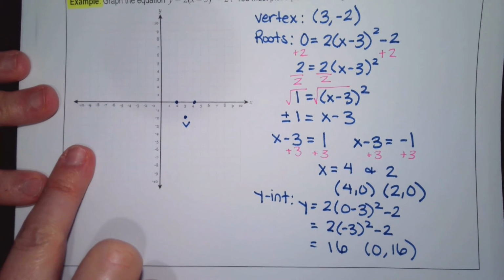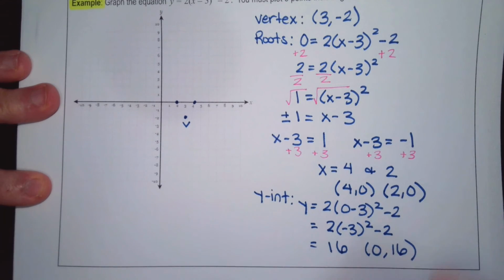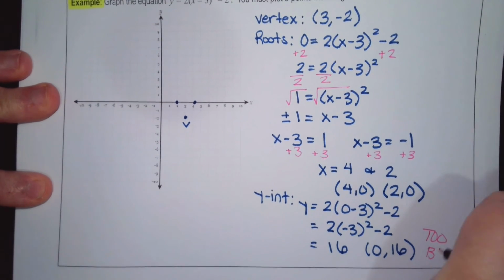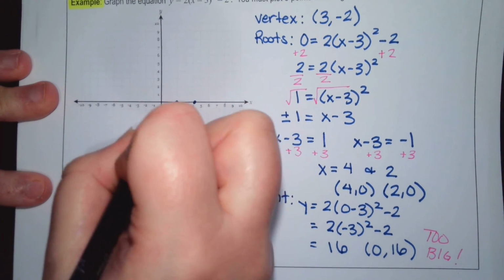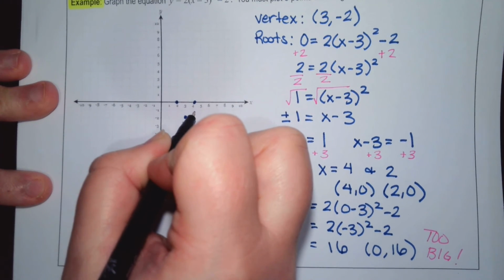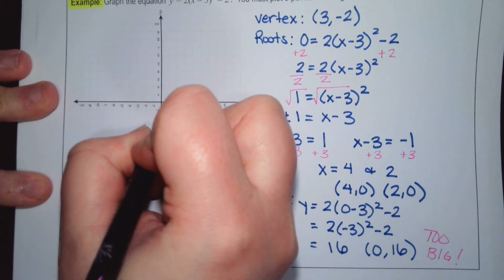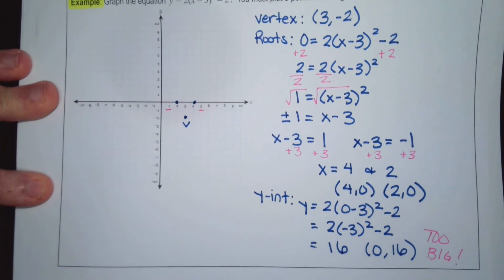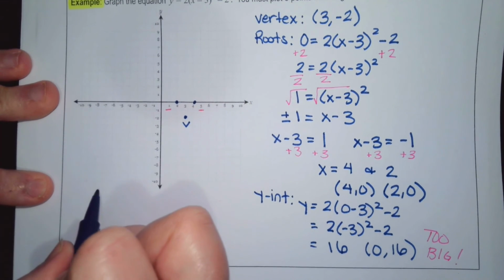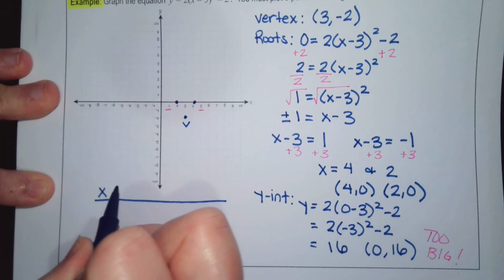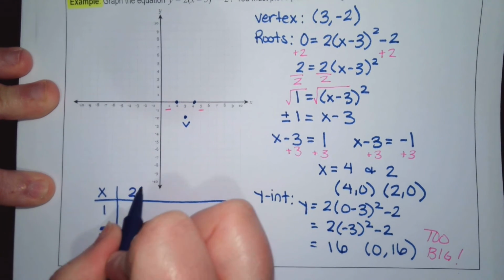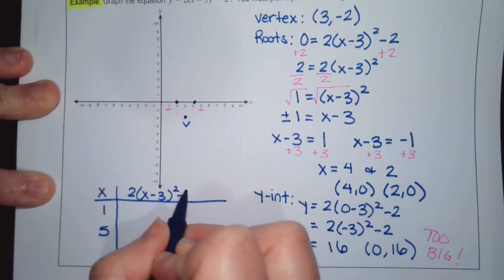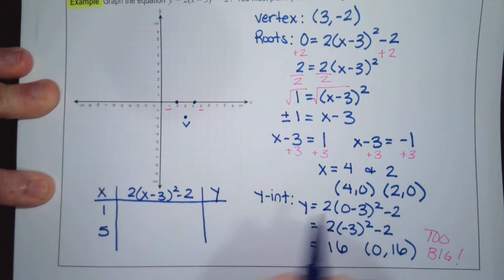As you can see from our graph only goes up to 10. So this y-intercept is too big. So we need to do our table of values. Again, we are going to come up here to our x-intercepts, and we're going to select the x on either side of the roots. So now for our table of values, we're going to put 1 and 5 into 2 times (x minus 3) squared minus 2, and we'll get our y.